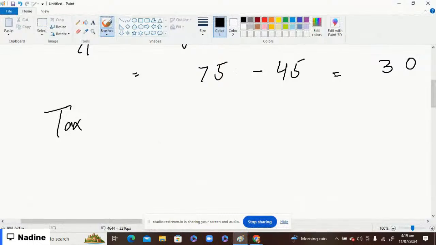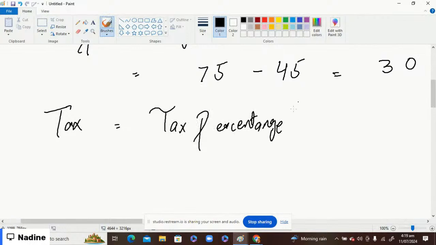So when we write it down, the tax is tax percentage multiplied by the amount. How much is the tax percentage? It's 10%. Okay. And how much is the amount? The amount which is given now is 30.